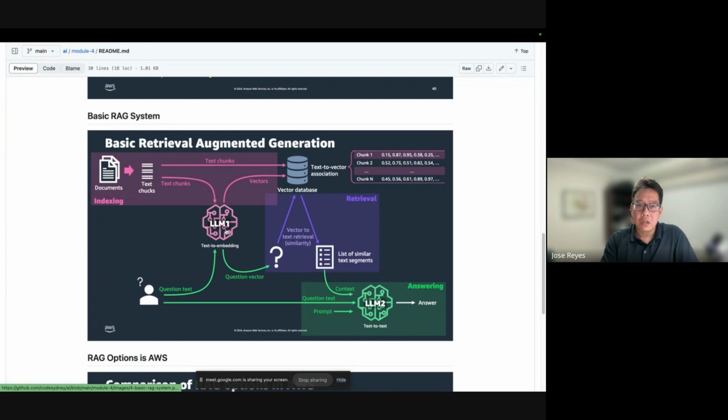It sends the chunks to the embedding model, and we know how that works. We send something to the text embedding model, and it comes back with a vector, 768 or 1048 in length.